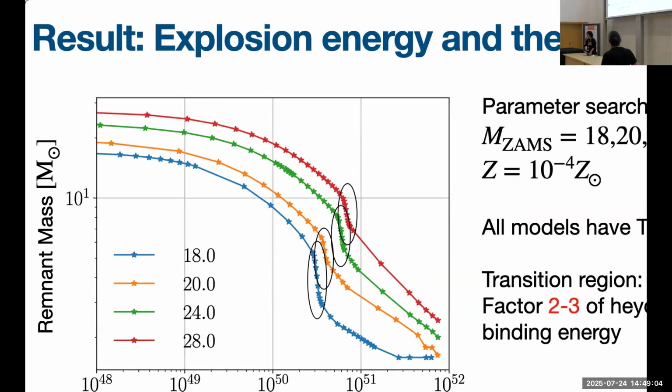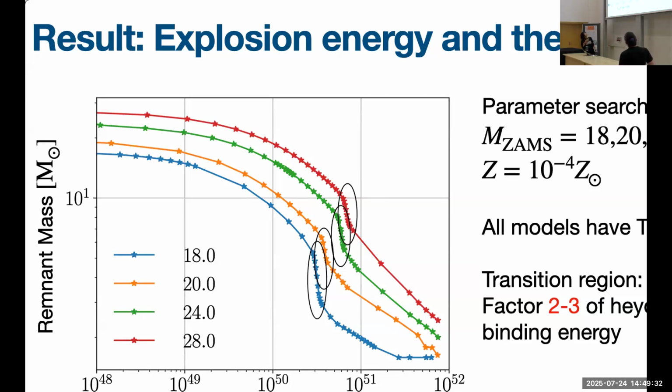Sorry, so if you change the metallicity, you'll change the explosion energy. Okay. So if we change the metallicity, for example to solar metallicity, this transition area is at lower explosion energy, because a solar metallicity progenitor has a tiny hydrogen envelope binding energy, approximately 10 to 48 erg.